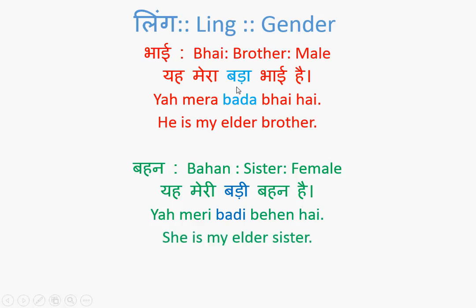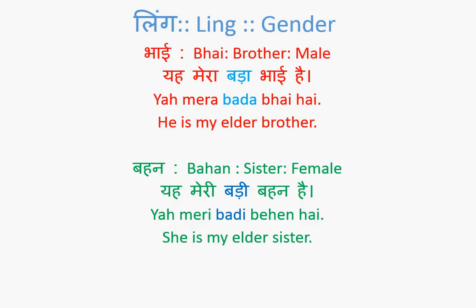Now बड़ा changes to बड़ी in case of a female. Apart from that, I'm using the possessive मेरा, my, right? So for this possession, मेरा बड़ा भाई, and here do you see मेरी बड़ी बहन.